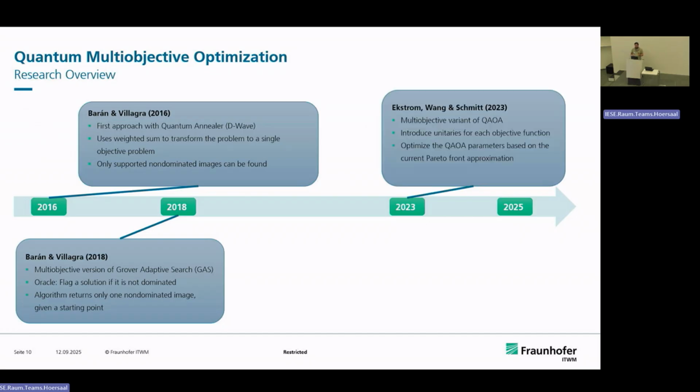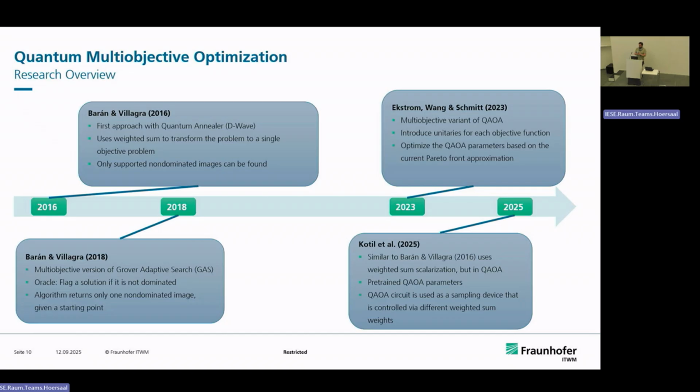The first true multi-objective quantum algorithm has been done by Ekström, Wang, and Schmidt, and they provide a multi-objective variant of QAA that we'll see in a short. And most recently there was another algorithm by Cotil et al.